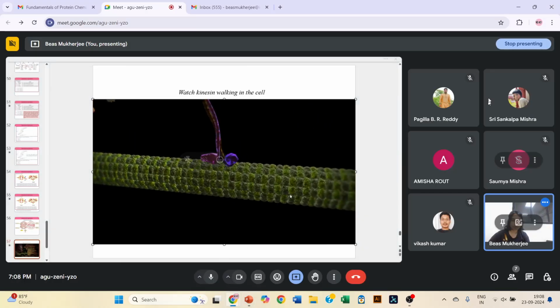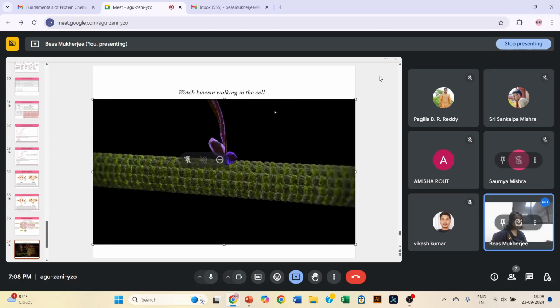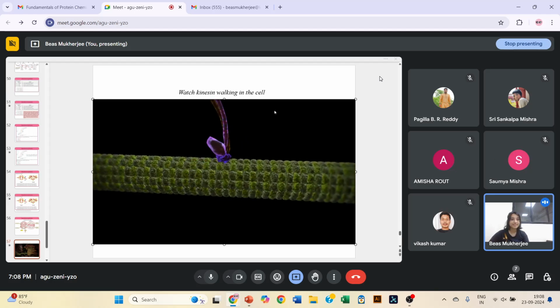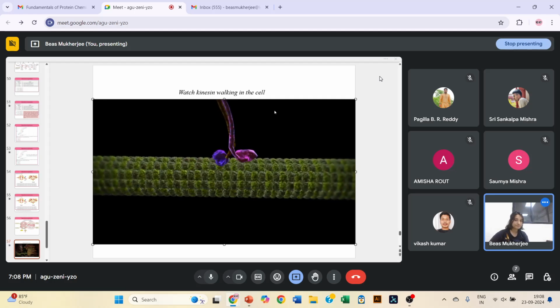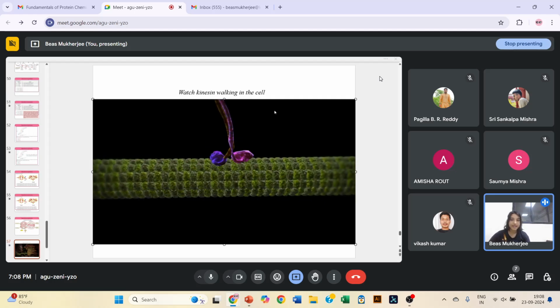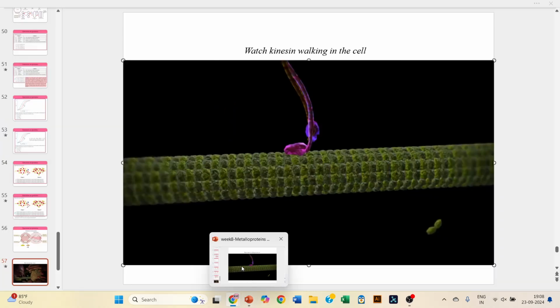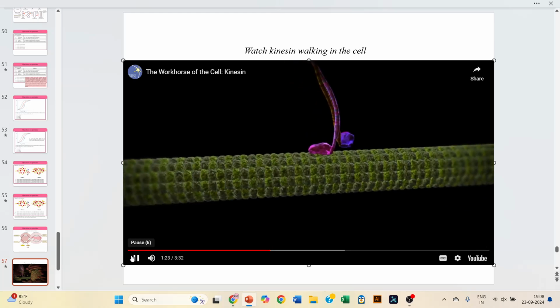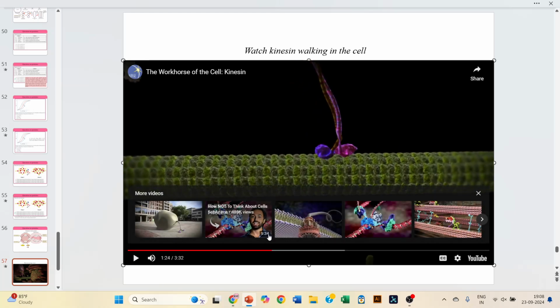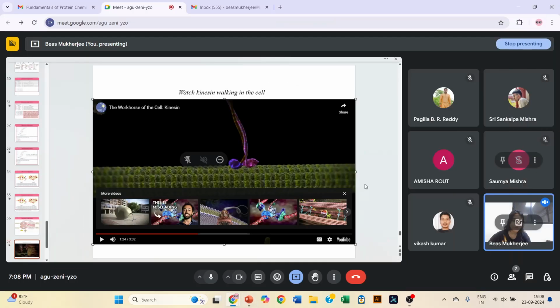This is how it is walking. It is exactly walking like a human, and it is carrying a cargo. And this is walking on a microtubule, which is constantly getting formed and it is getting degraded. So that is very interesting, I think. You can read about this more if you're interested.